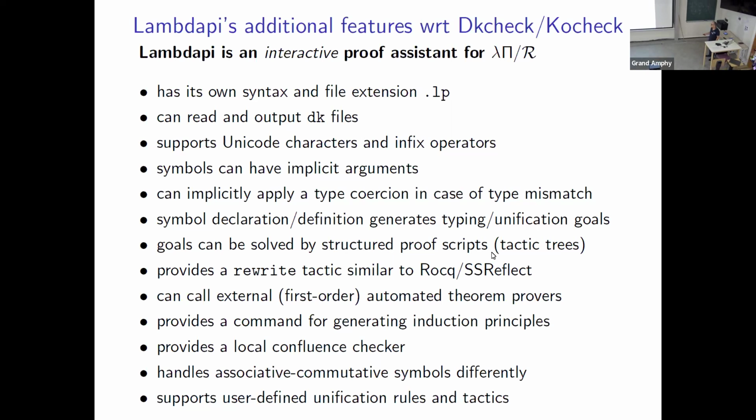I didn't mention this, but we can also apply type coercions in case of type mismatch. It may be useful, for instance, if you want to translate a system that uses some implicit subtyping into Dedukti, so you need to rebuild the subtyping information and make it explicit. And this is the way to do this.